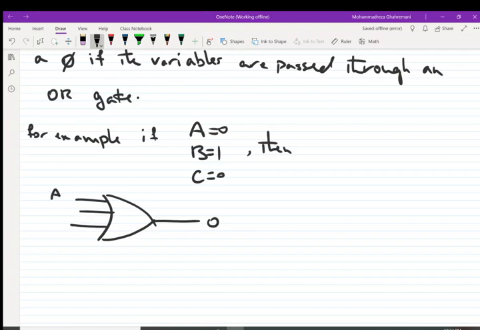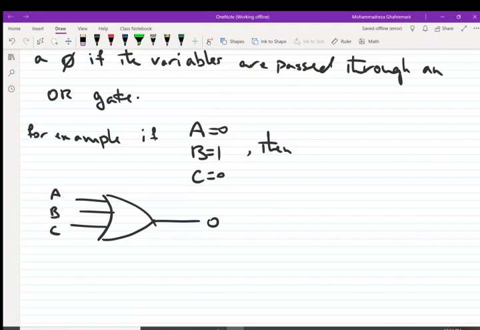If we apply A, B, C, of course because B is 1, the output will be 1, because based on the truth table of an OR gate, we know that if at least one input is 1, the output is 1.